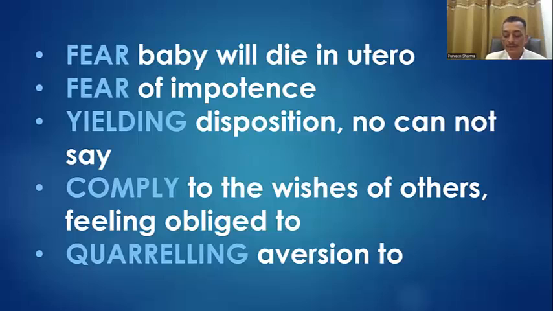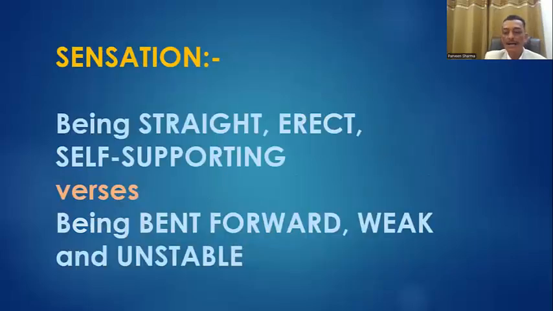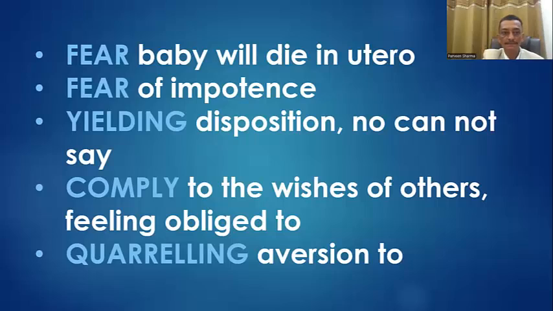Because of the unsupportive and dominating behavior of her family, she feels unappreciated and hindered. As Triticum's main conflict is being straight, erect, and self-supporting versus being bent forward, Triticum does not have the strength to stand on her own.